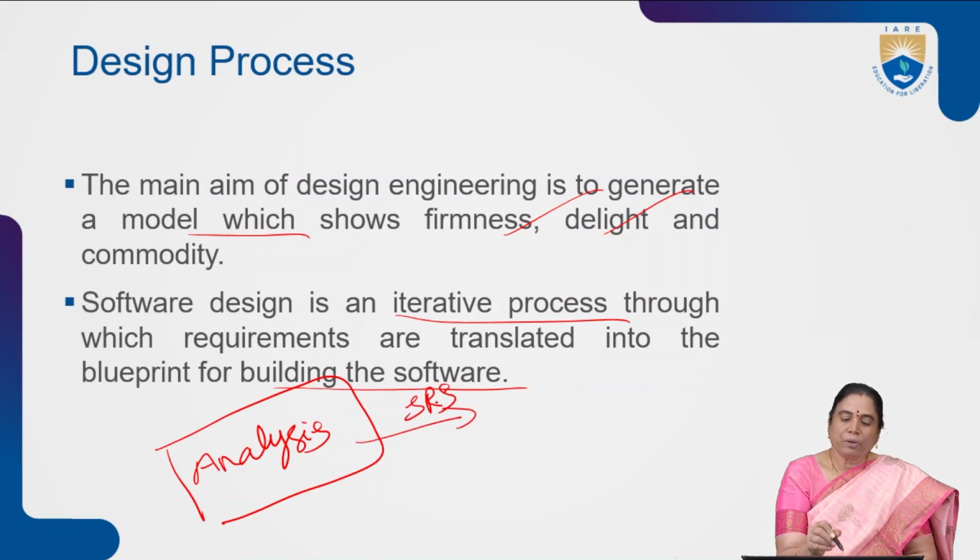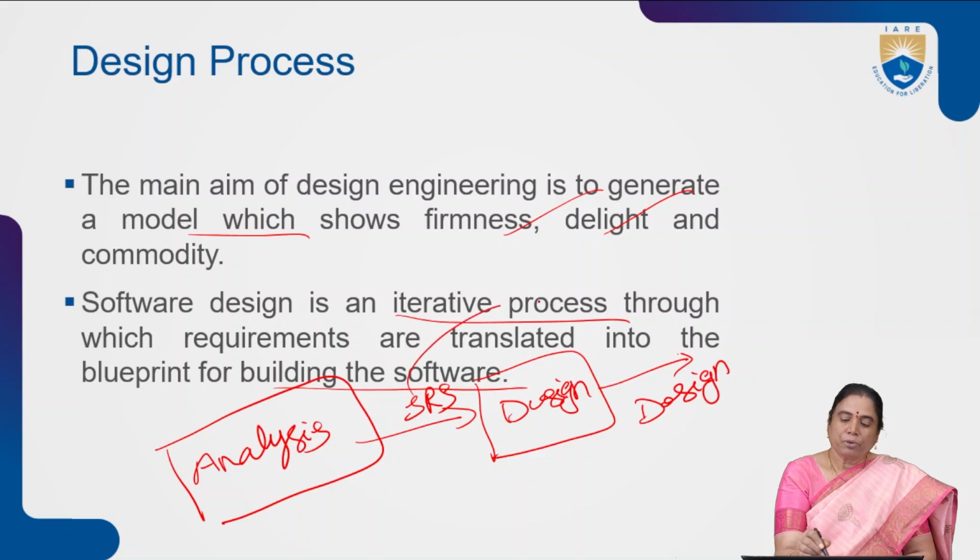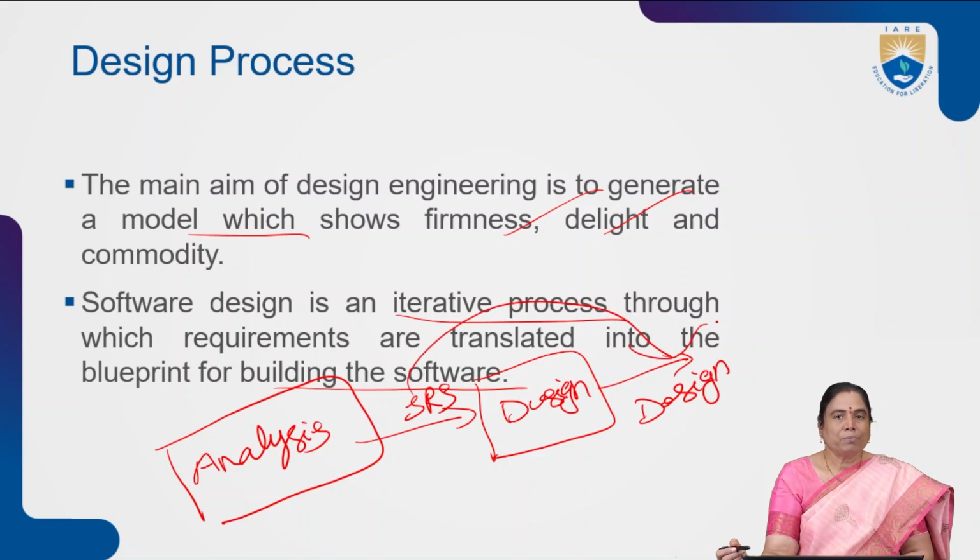So the output from this phase is the software requirement specification. These requirements are converted into a software design document using the software design process with the help of various CASE tools and UML diagrams. So this conversion is performed in the design process. So what are the various principles applied during this design process? We will discuss in this video.